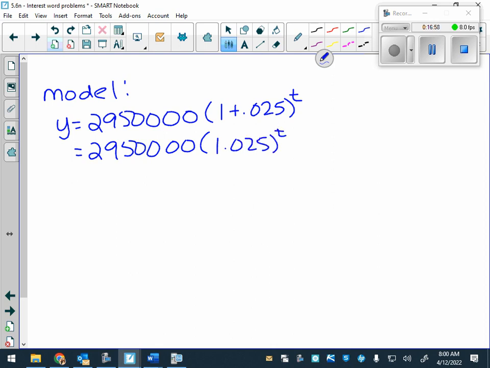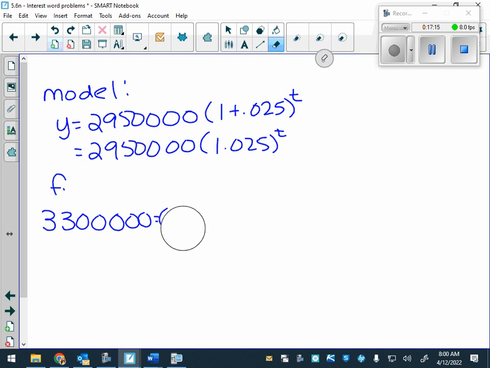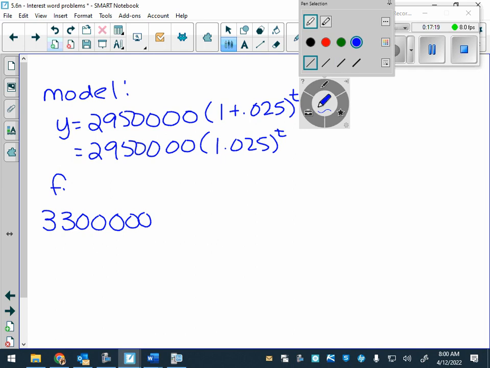Okay. Then in F, in how many years did it take the population to reach 3.3? So we need to find that t value. Okay. So for F, equals. Why do we set it up this way for those of you that were here?